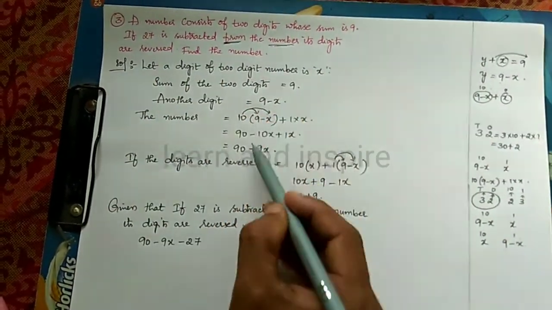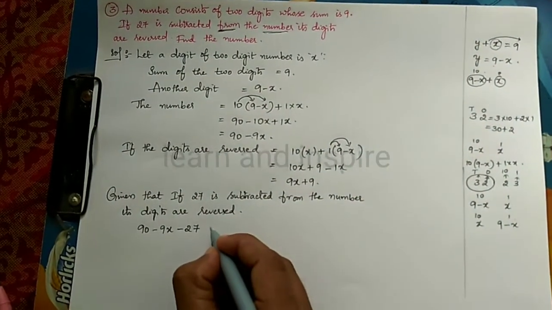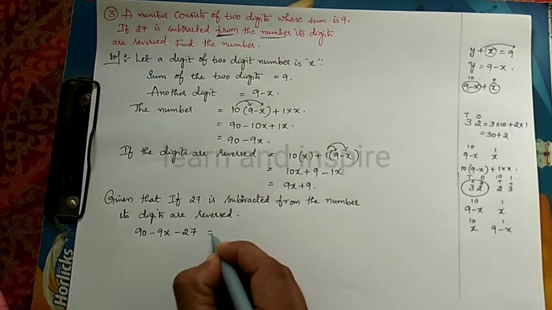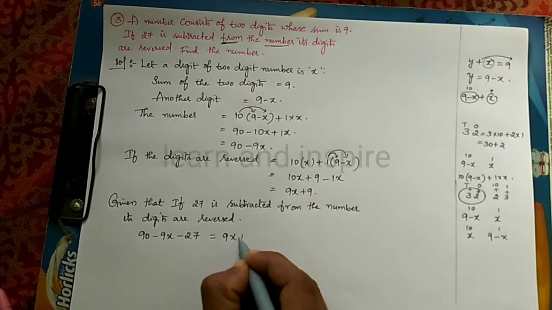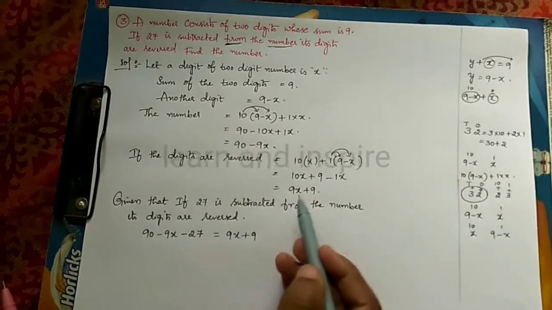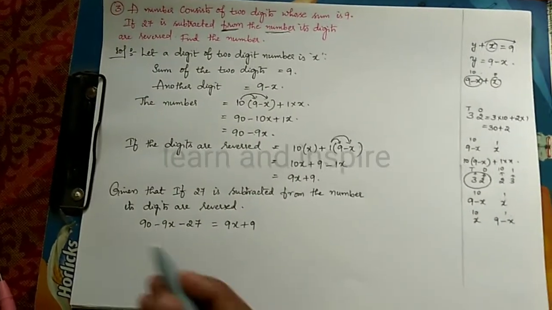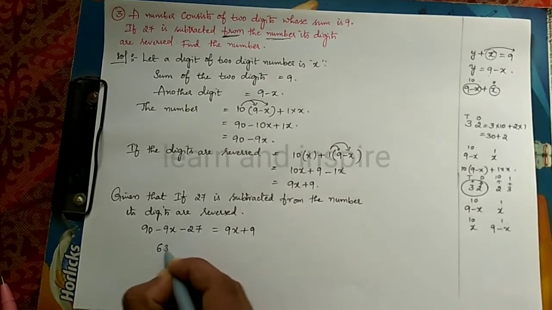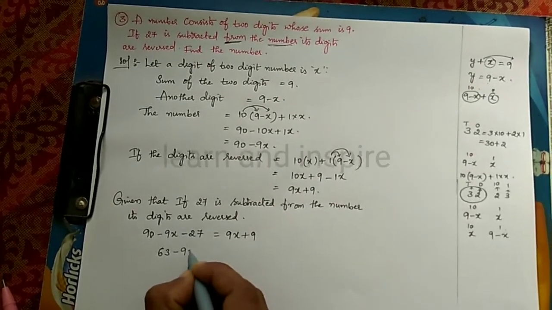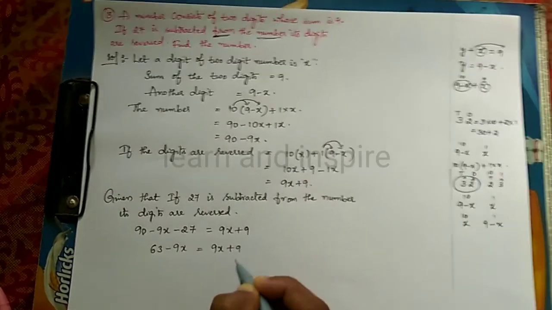That means first we have to write that number, and again minus 27, which is equal to the reversed digits. 9x plus 9 is nothing but the number which is reversed. Now 90 minus 27 is how much? 63 minus 9x, right as it is, which is equal to 9x plus 9, right as it is.